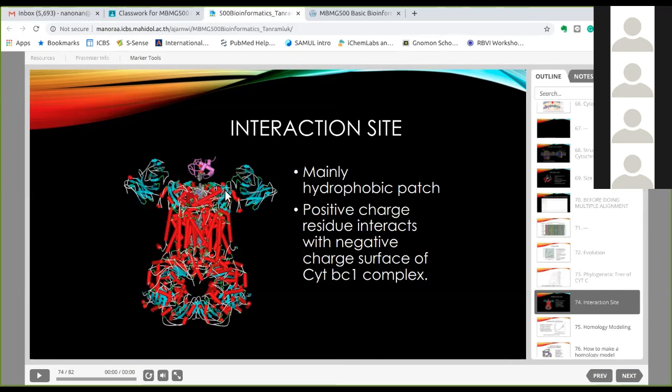In cytochrome BC1 complex, if you color it by charge, you can see a lot of red colors, which is negatively charged. And you can see that on the surface, the cytochrome C has positively charged areas where it catches with the negatively charged red patch. So basically, that's how it hops from one another. So it's attracted by different charge.